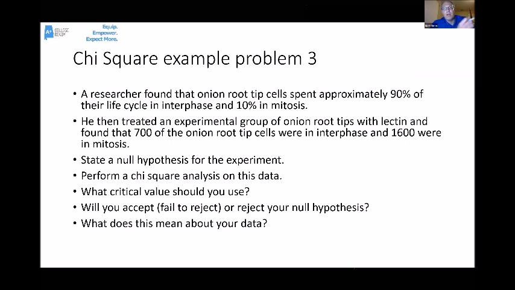Quick reminder, by looking at a cell under a microscope, how can you tell if it's in interphase or if it's in mitosis? Just by looking at a stained cell. What do you see in mitosis that you don't see in interphase? The chromosomes. Yeah, so you don't see the chromosomes at all during interphase. The DNA is unwound and sort of spread out. It's in a form called chromatin.